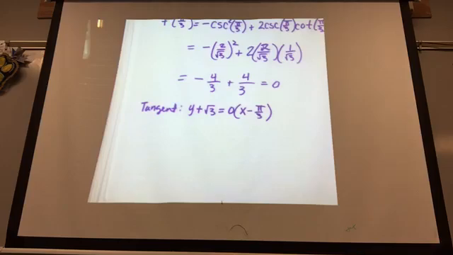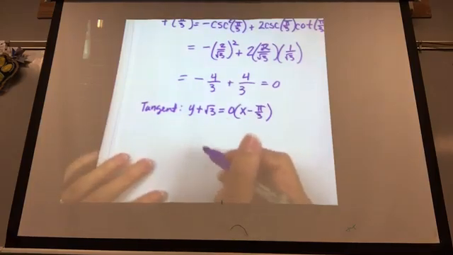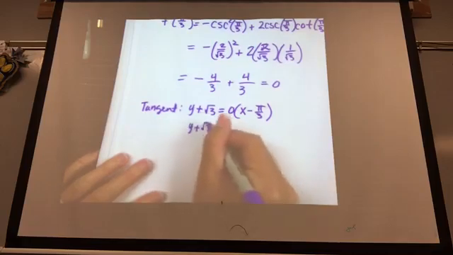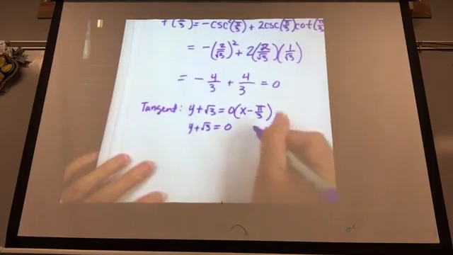Or we could just write that as y plus square root of 3 equals 0, and then if I solve for y, y equals negative square root of 3.